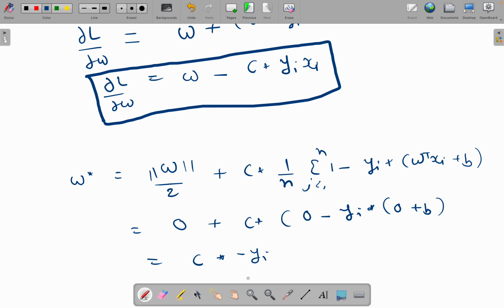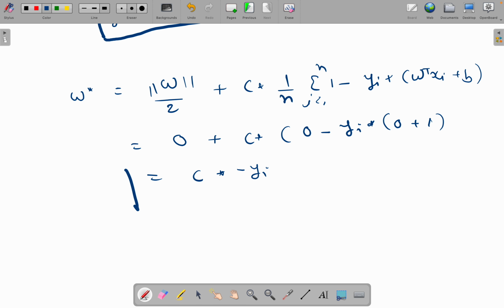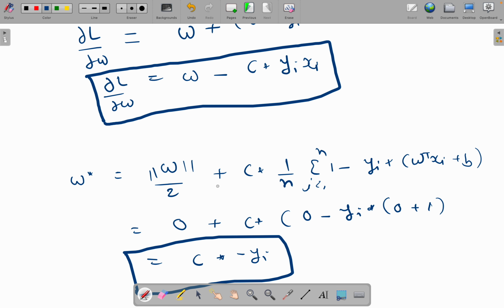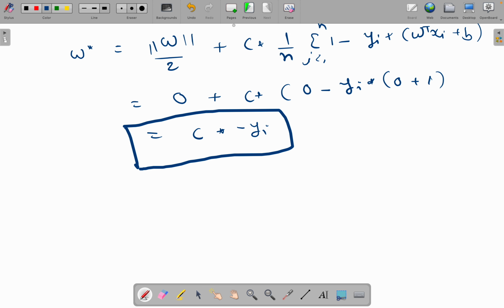Let me write it here, because the differentiation of b with respect to b will be 1, right? So this is with respect to b, and c is our hyperparameter we had seen in the SVM classification video, when we were deriving this equation.